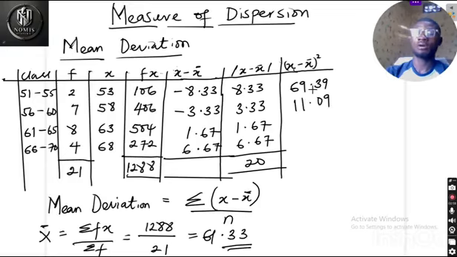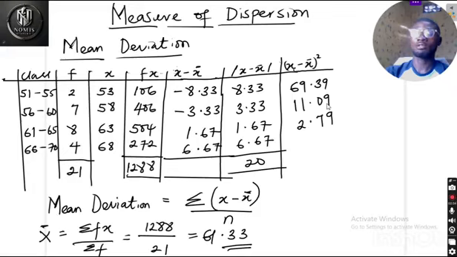And then what we have next is 1.67 multiplied by 1.67, that is 2.79.